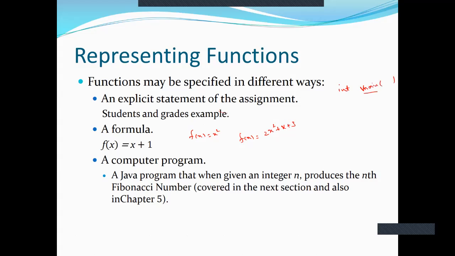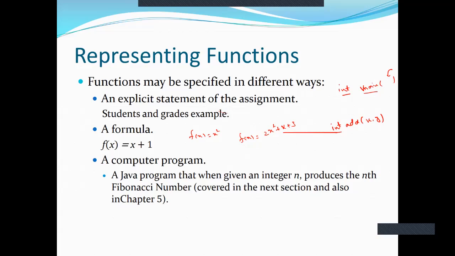This main is a function that takes some arguments and returns an integer value, right? So for example, you are writing a user defined function, int add, and then you are taking x comma y. So what does it mean? This is a function add that takes two arguments, two values, and it sums those values and returns an integer value as the returning value, right?